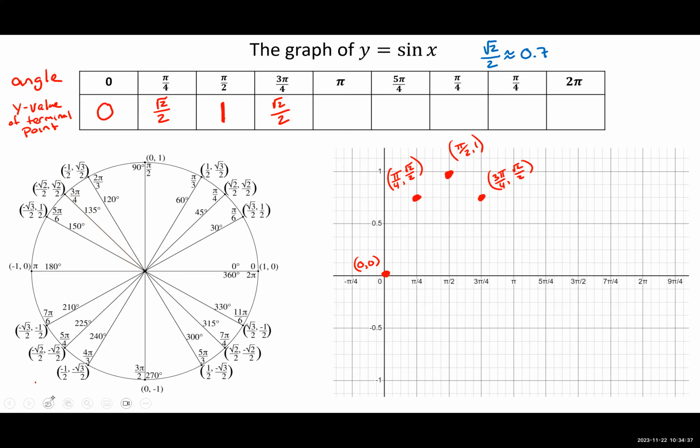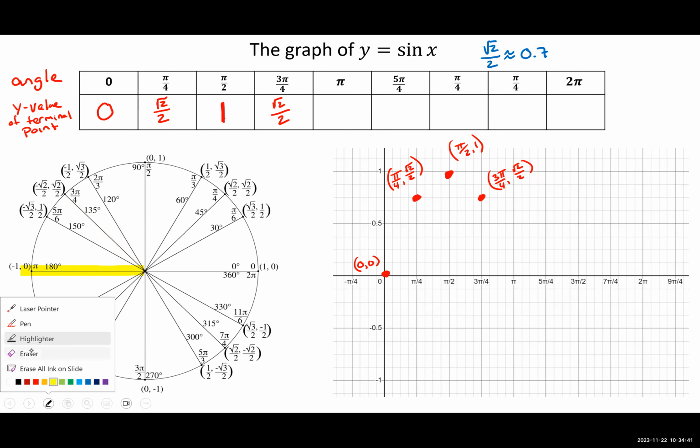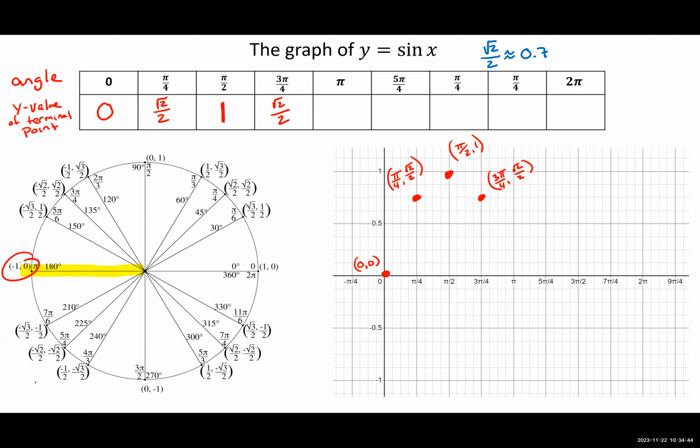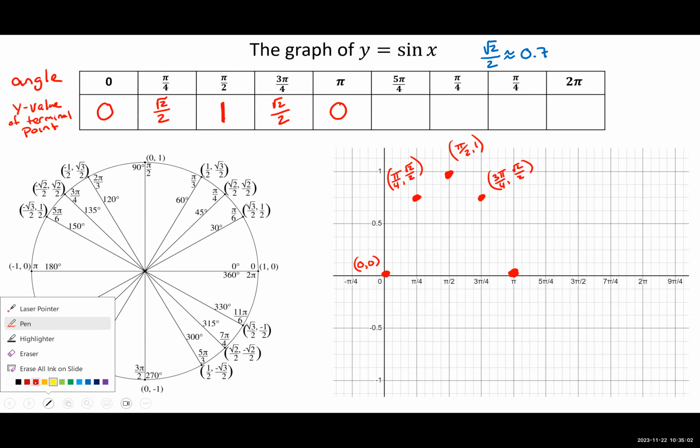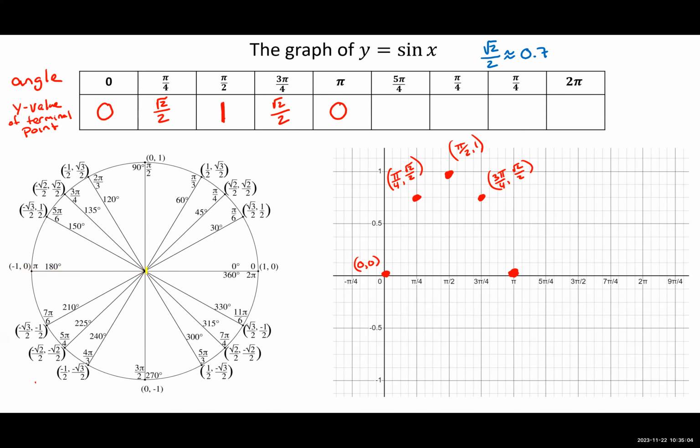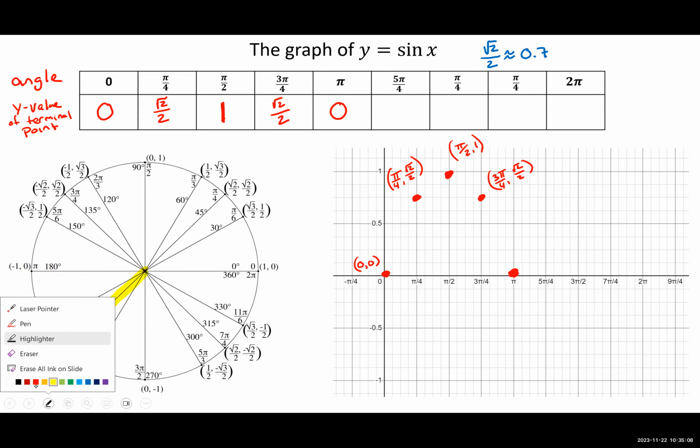Okay, so I think we maybe got the hang of it. So let's pick up the pace. When the angle is pi, the y value is 0. So that puts us back here at the x-axis, the horizontal axis. Next angle I'm using is 5 pi over 4.